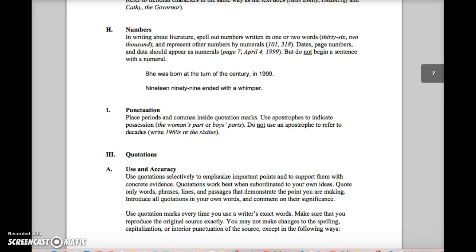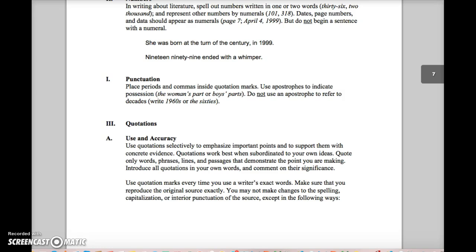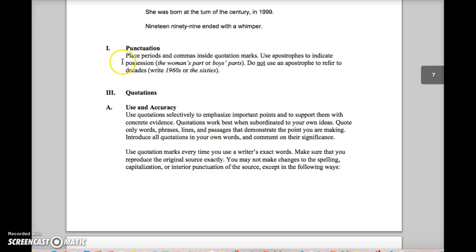Other things, punctuation: place periods and commas inside quotation marks, use apostrophes to indicate possession. Do not use an apostrophe to refer to decades. So 1960s, there's no apostrophe, or write out the word is fine as well.